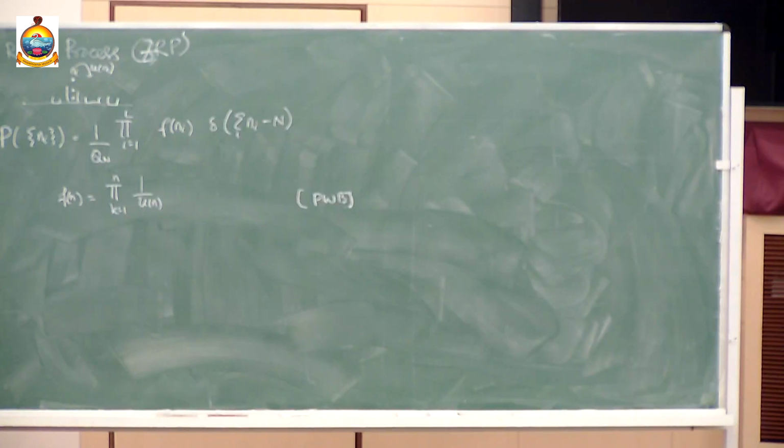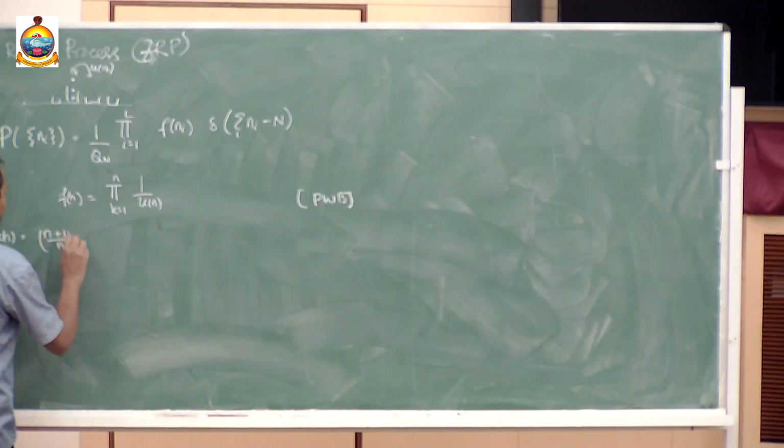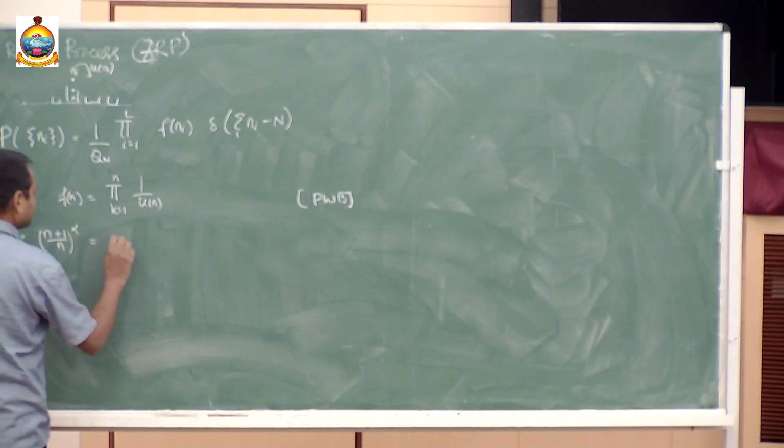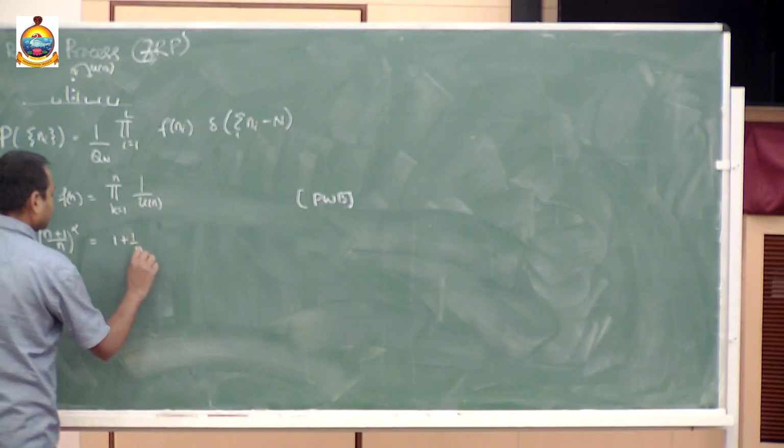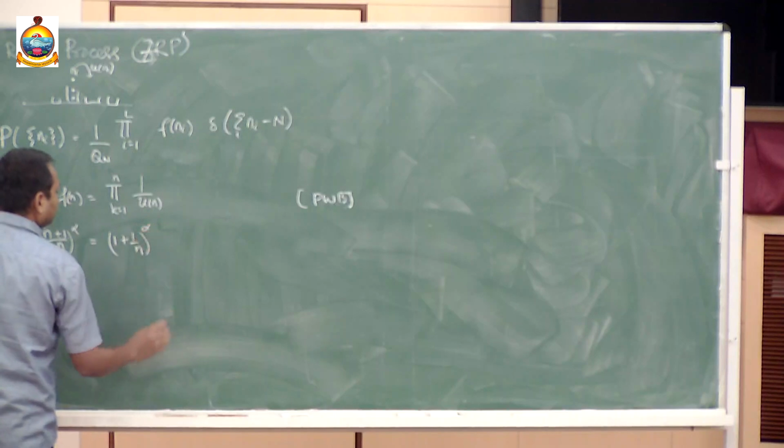That's where we start. Next, if you take un equal to n plus 1 divided by n to the power alpha, so this is 1 plus 1 by n, whole to the power alpha.